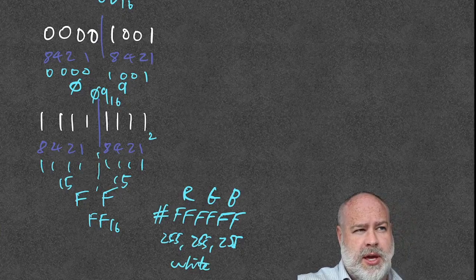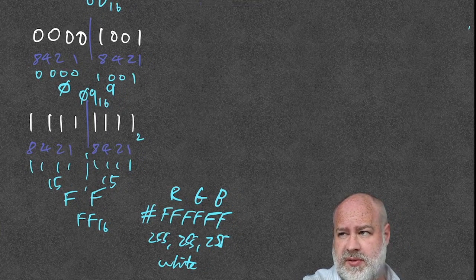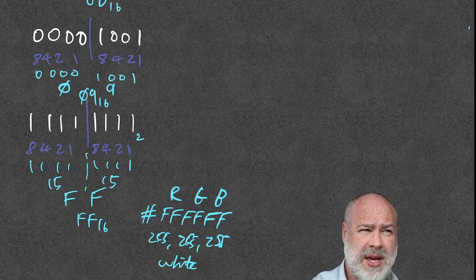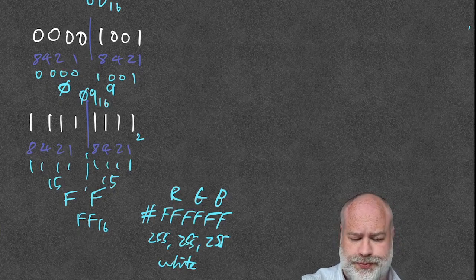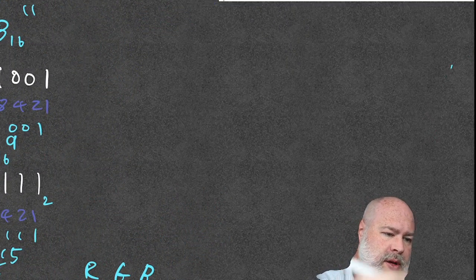So that's what white would be for your screen or your projector or TV. It's much easier to represent white as 6 characters rather than 1111, 1111, and it's more human readable as well.